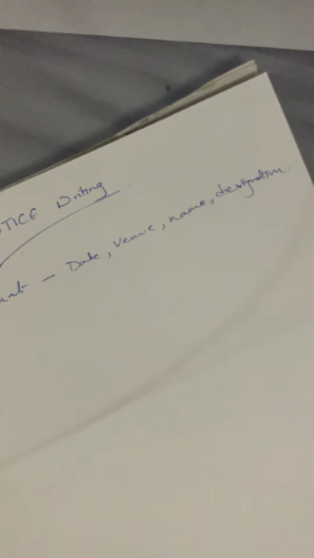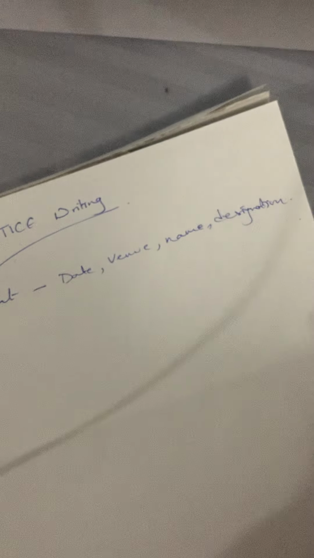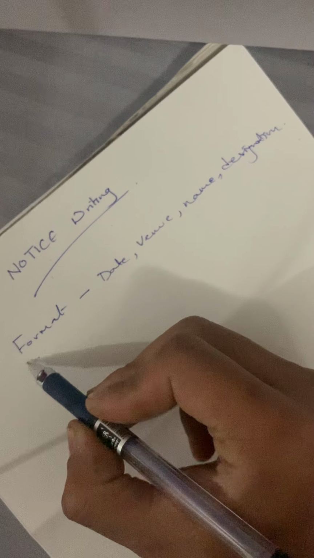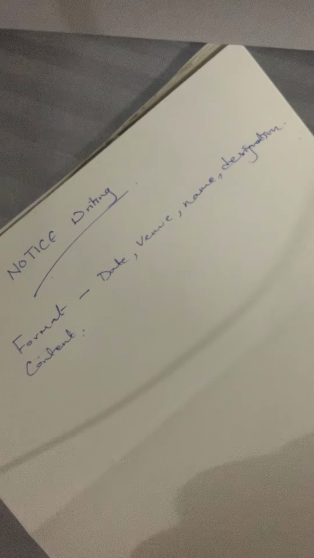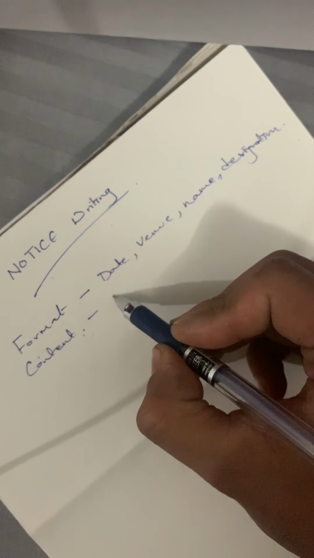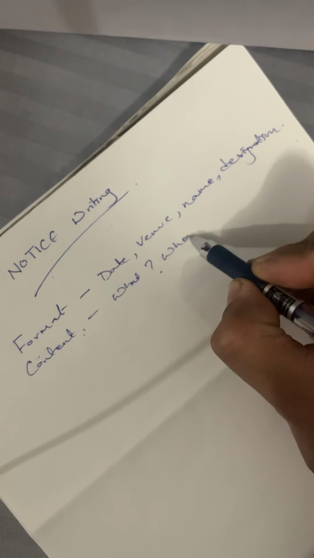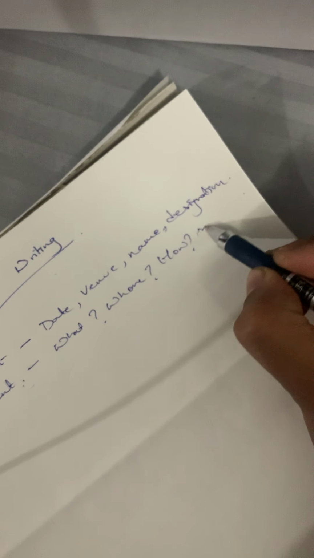Excuse me for a second. Other than that, the other main characteristic of the notice is the content, obviously, the body of the notice, which contains information as to what, where, how, and so on.